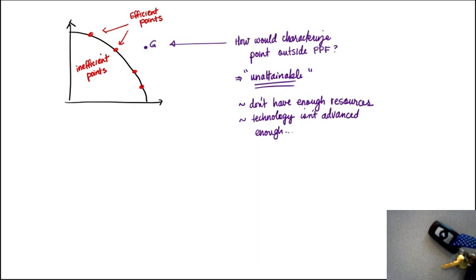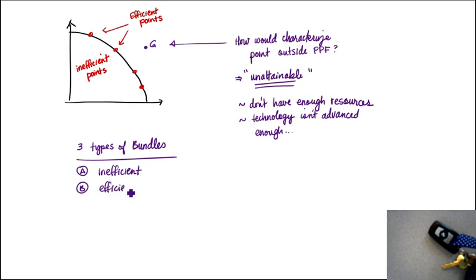Good. Okay. So we need to be able to identify 3 types of bundles then. Everyone agree? We've said that some bundles are inefficient, and I'm talking about a bundle of goods. Some are efficient, and some are unattainable, right?